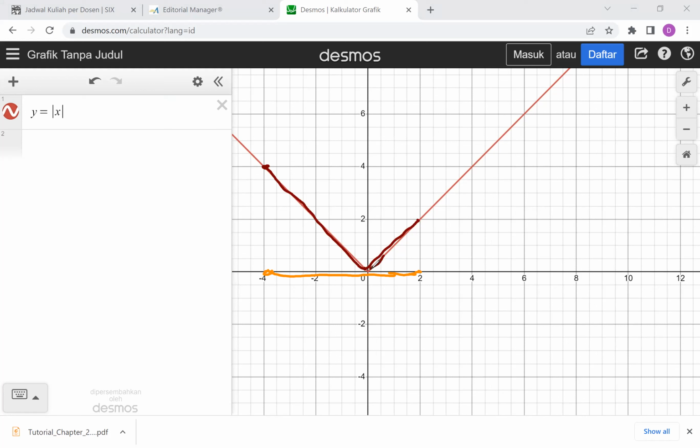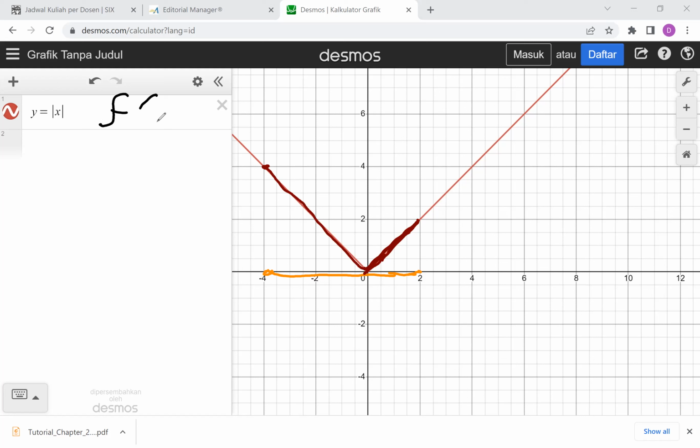If I restrict the function to the closed and bounded interval -4 until 2, then the function has a maximum value and a minimum value.